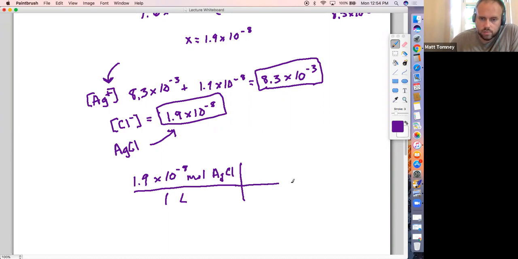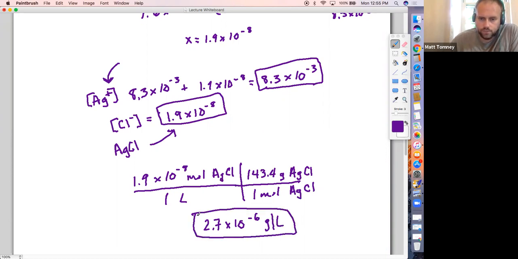And if I want to find solubility in grams per liter, I would need the molar mass of silver chloride, which is approximately 143.4 grams of silver chloride to every 1 mole of silver chloride. So you put all of that together and you come out with 2.7 times 10 to the negative 6 grams per liter. This would be the correct answer to the question.